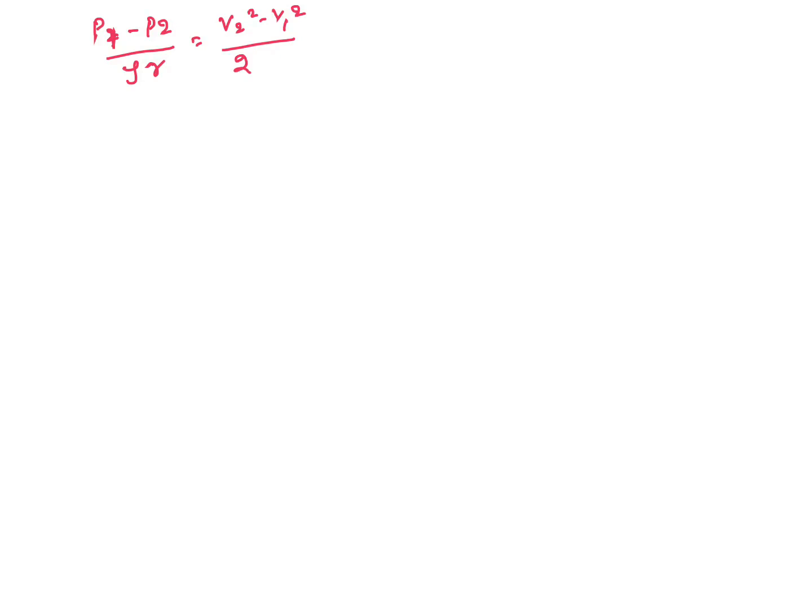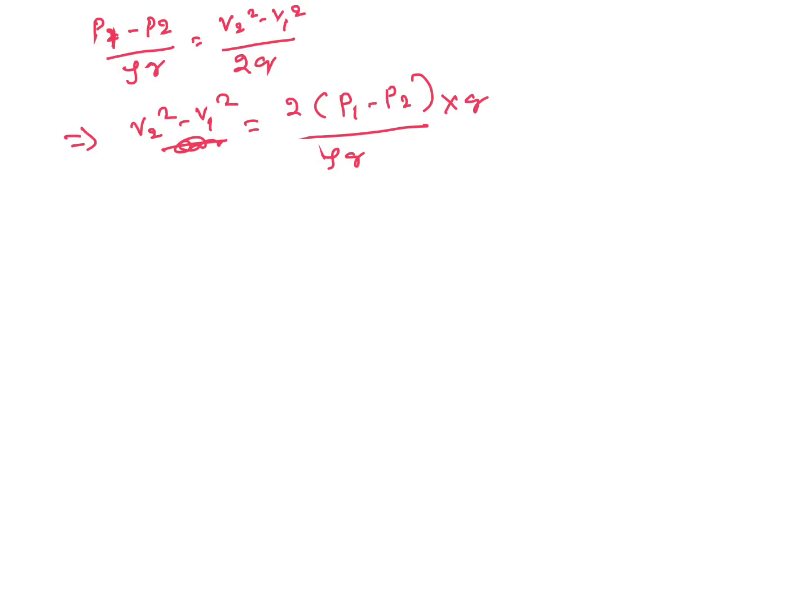From here, V2 square minus V1 square is equal to 2g, take the left side, 2 into P1 minus P2 by rho g into g. So put the values, V2 square minus V1 square equal to 2 into g, 9.8, P1 is 150 minus P2 is 50.